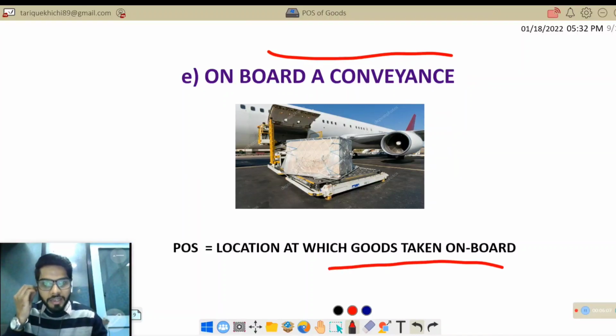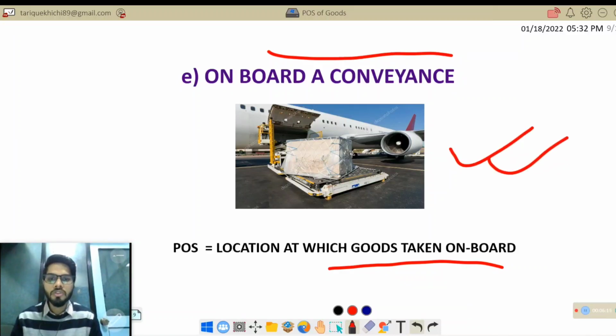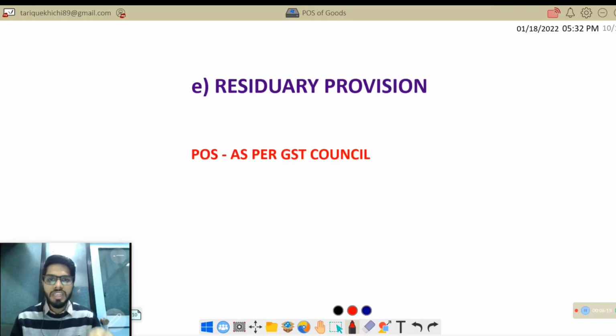So जिस जगह से goods को on board किया जाता है उस vehicle में या उस conveyance पे, that will be the place of supply. So, location at which goods taken on board. In case we are not able to determine the place of supply by the above provisions, it will be decided by the GST Council.